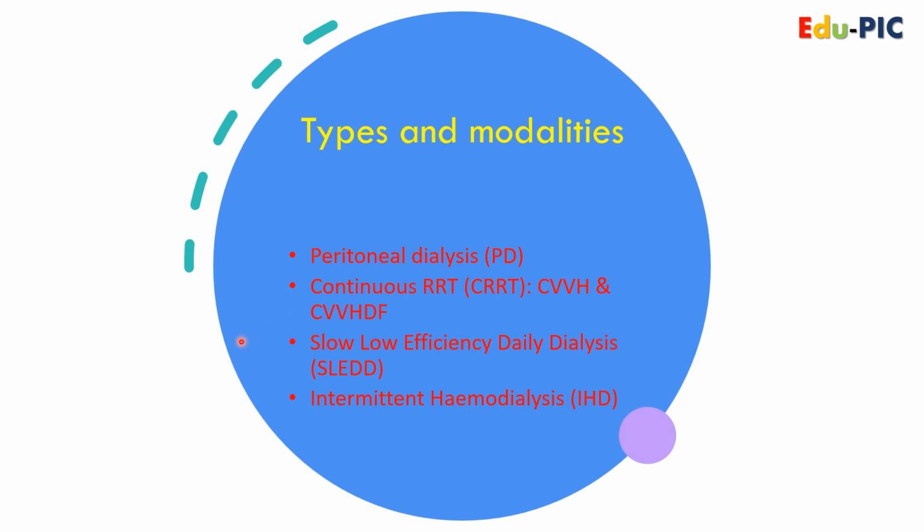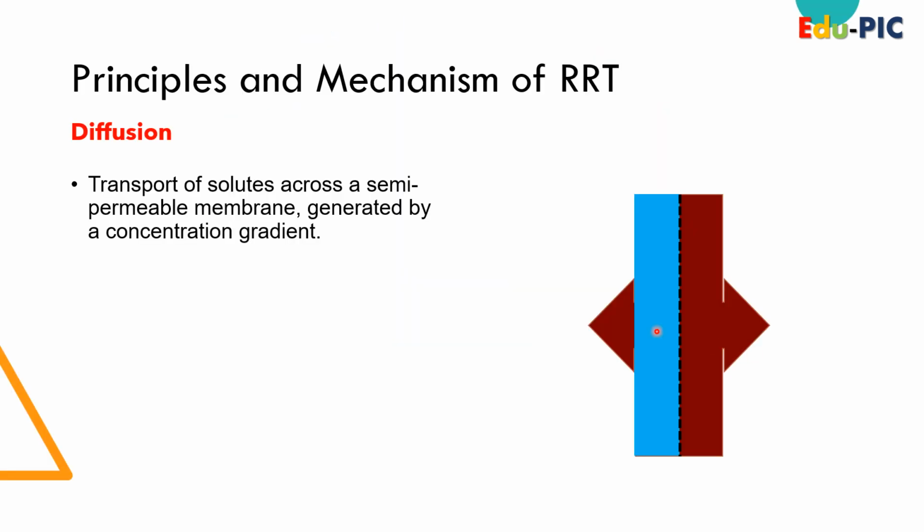Slow, low efficiency daily dialysis is mostly not an ICU setting, and intermittent hemodialysis is the one that is usually conducted in renal units on wards rather than in an ICU setting. So what are the principles and mechanisms of renal replacement therapy that you need to know of before we kick forward with the next talks in next sessions?